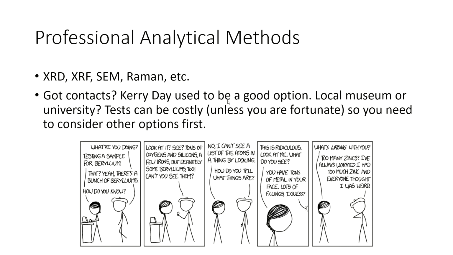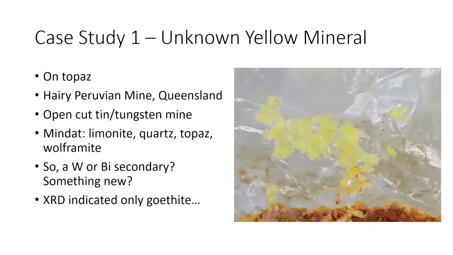Even though his equipment was quite old, it still gave you an indication, if not an identification, and would give you more chances of narrowing down what you have. But if you've got contacts at your local museum or university, or you're prepared to spend a fair bit of money, with people like Georgia Sora and others, ideally you need to try and work it out for yourself first. It's another area where having local contacts or local experts is very useful.